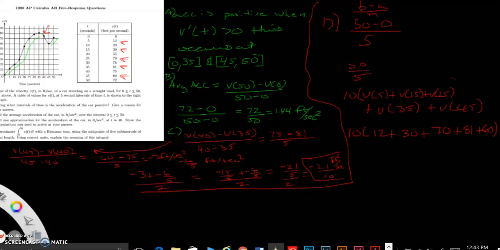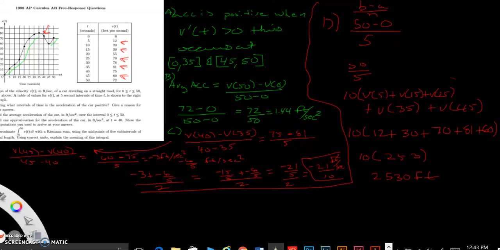So now you're going to get 10 times 253, so you're going to get 2,530, and what is it moving in? Feet per second, so it would be feet.